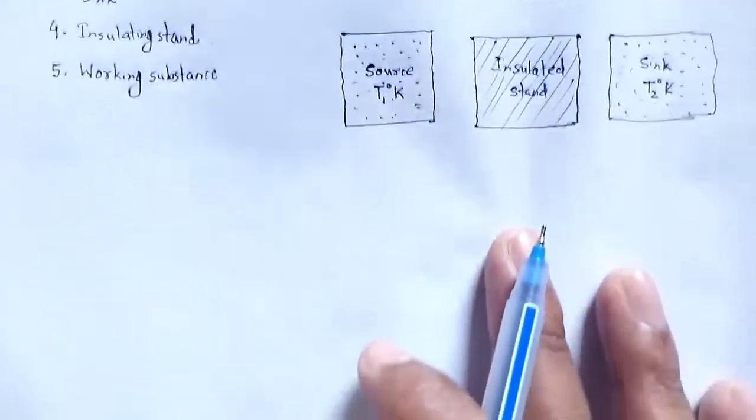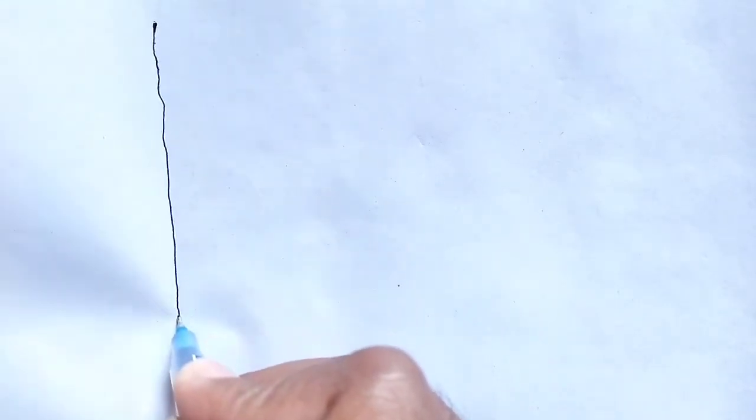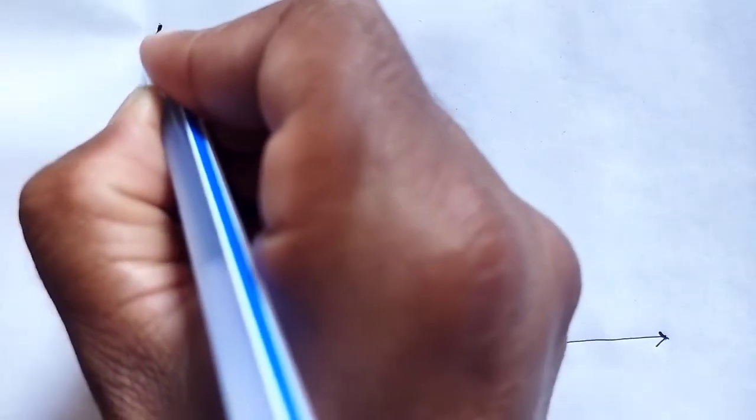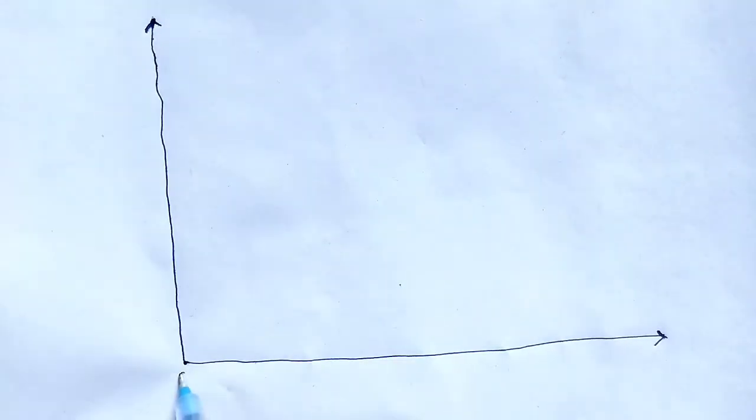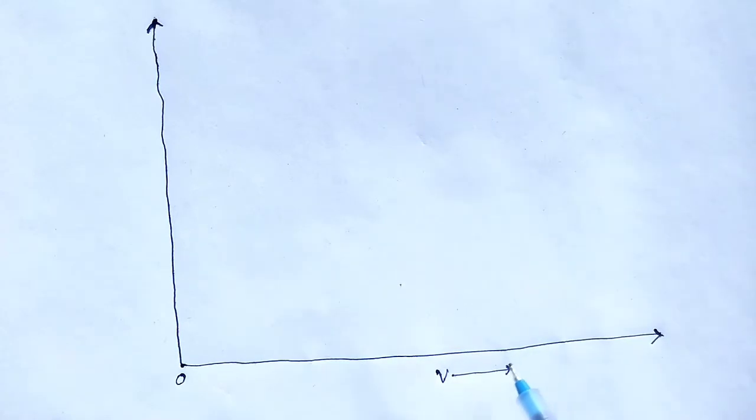Let us represent the PV diagram here. Here the volume and here the pressure.